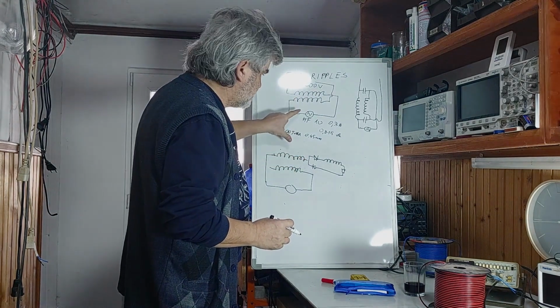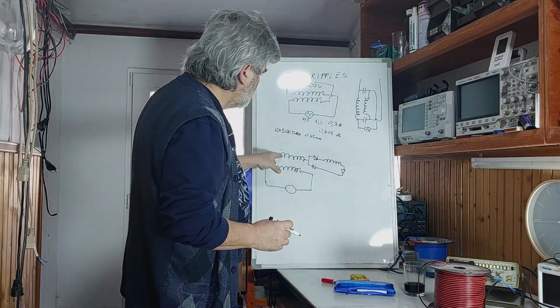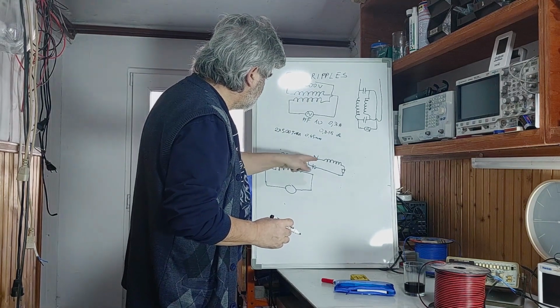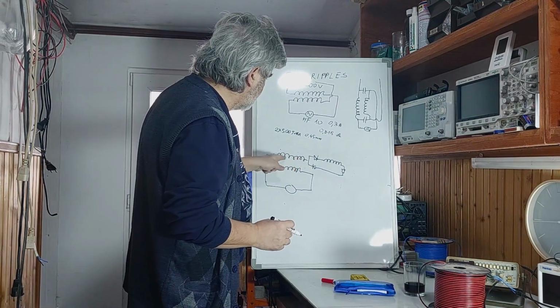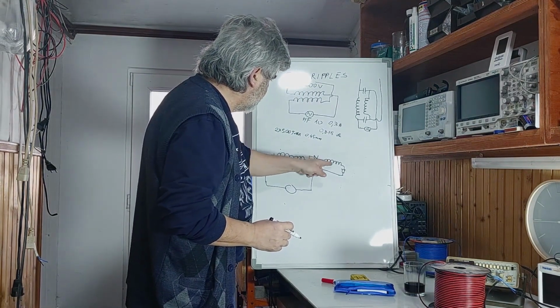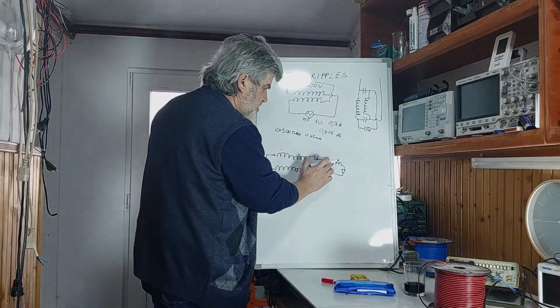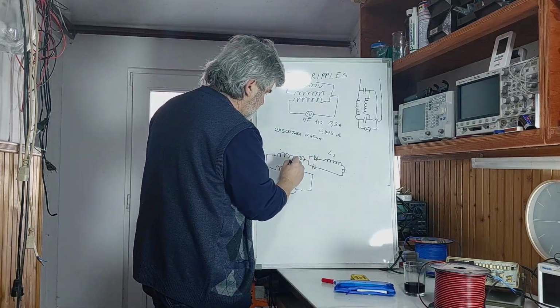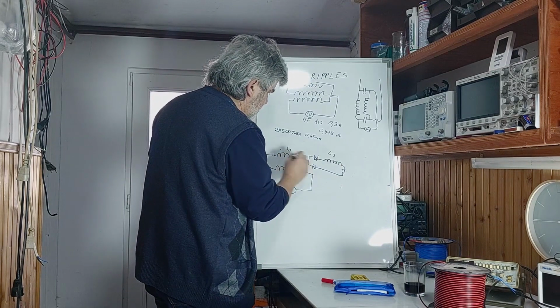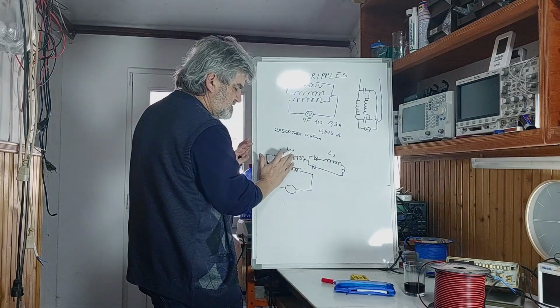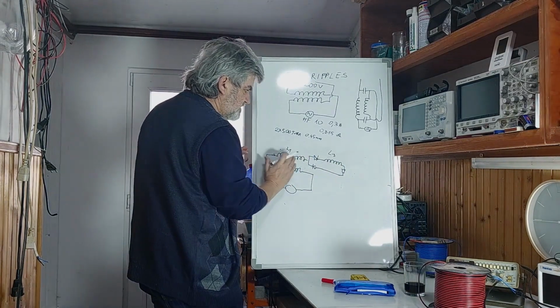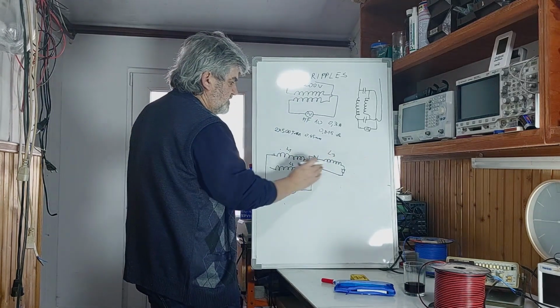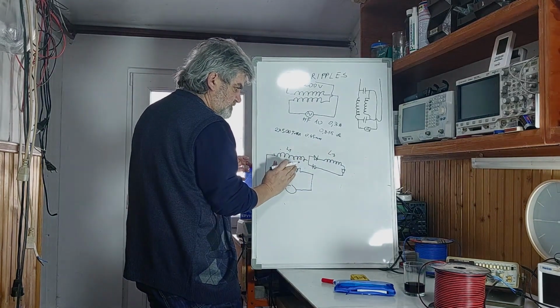To understand this, I can put the same size of coil here, this coil L3, let's say L1, L3, which is not on the same core as this one, not in inductive coupling with this one.